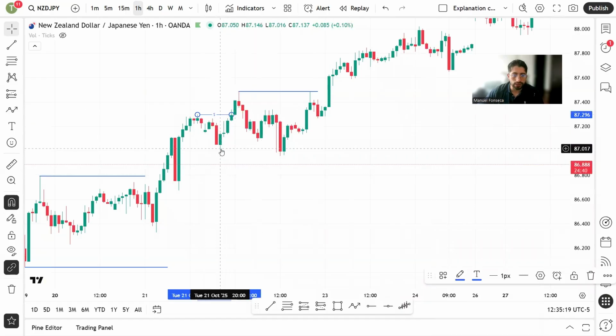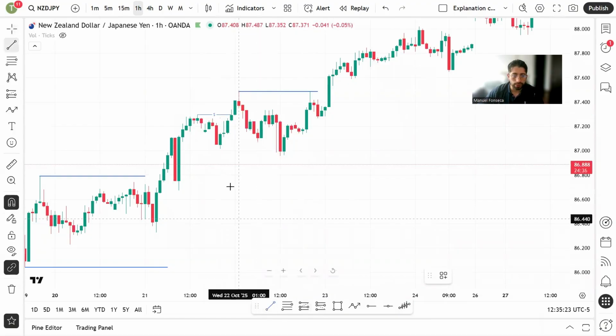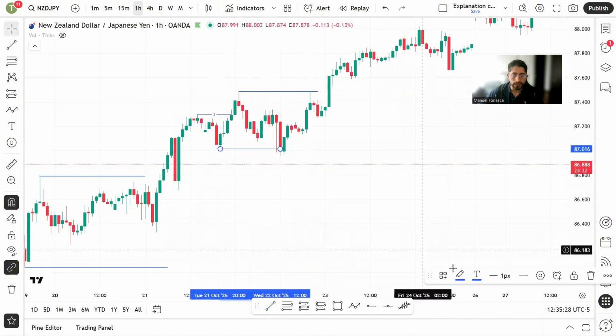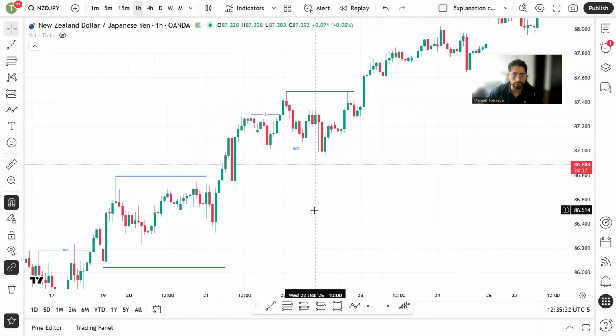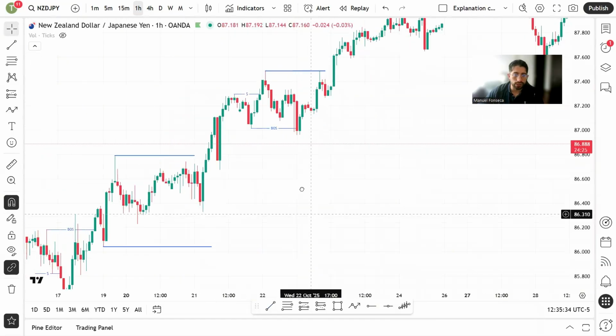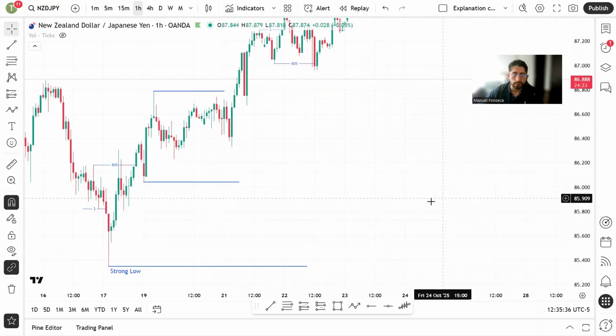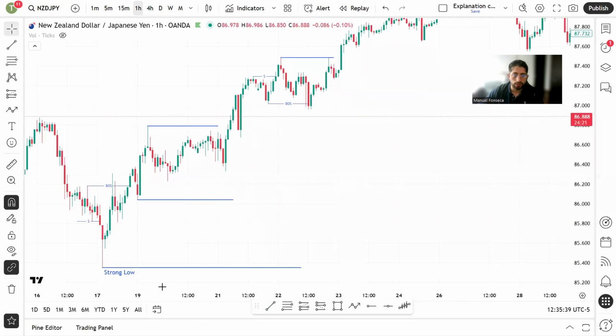And then the closest low, which is this one here. If we see, there is a BOS, perfect. There is a break of structure. So we could say that from this low to this high is our range. Okay, this is our complete range.